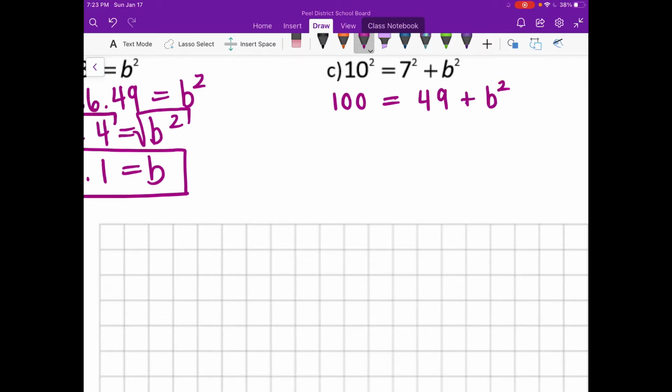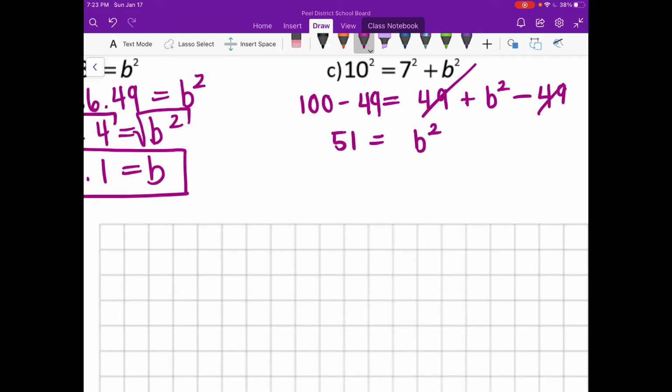Now, I want to get b squared by itself, which means that I need to get rid of this 49 over here, right? And the way for me to get rid of that 49 is just to subtract 49 on this side, which also means I'm going to subtract 49 on this side. So it's going to be 100 minus 49, which is going to give me 51. 49 minus 49 will cancel out, so I'm left with b squared.